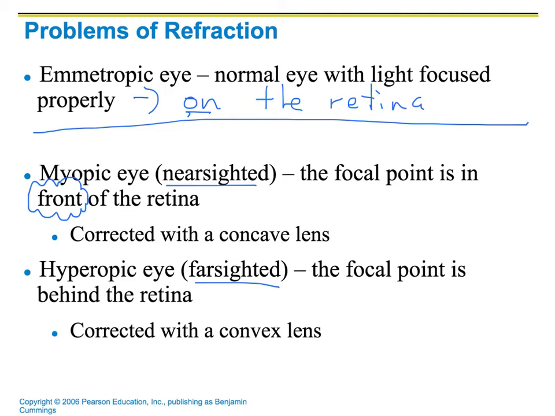So since the image is in front of the retina, what we want to do with a lens like an eyeglass or a contact lens is push the image back. And you're going to do that with an eyeglass that's not like your eye. We want a concave lens, which will force the light rays to diverge, pushing the image further back.